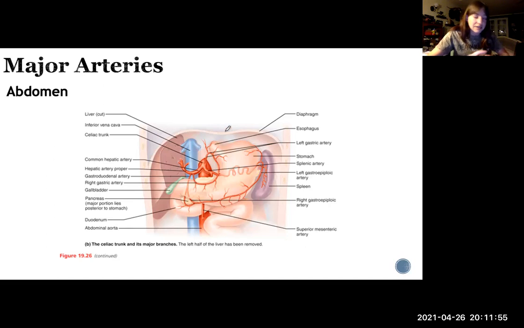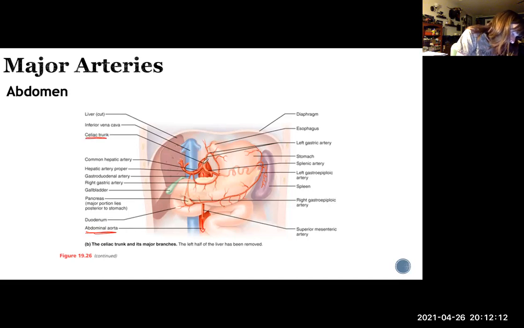For the abdominal arteries, that's really it. So this is back here, that is the abdominal aorta. And it is all the way from the diaphragm all the way down to where it splits into the common iliac arteries down into each leg. Here is the celiac trunk, which is literally the little trunk here at the base of that first branch, which I don't need you to know what it branches into.